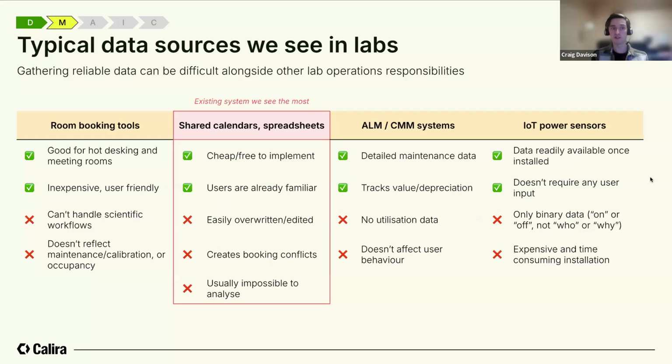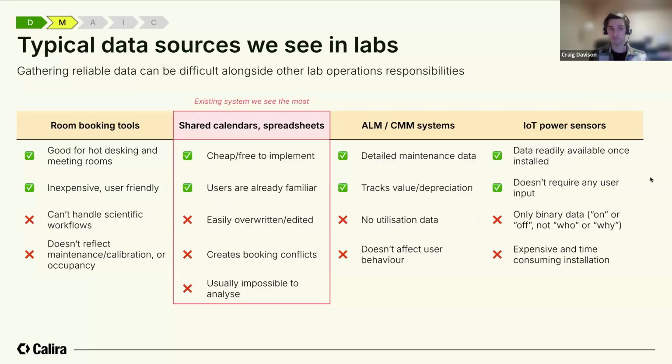So maybe some use booking tools, room booking tools. These work well for rooms, but they don't work well for scientific workflows. What we actually see most, even in large enterprise accounts, is shared calendars and spreadsheets. These are often poorly adopted by the actual scientists in the lab, impossible to analyze, and actually just lead to more confusion than clarity.